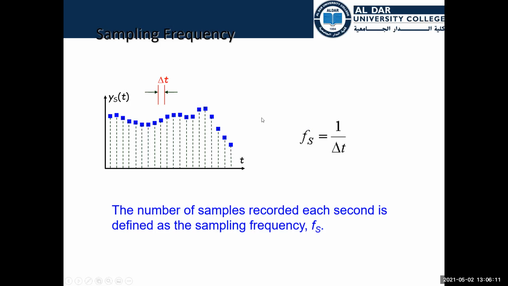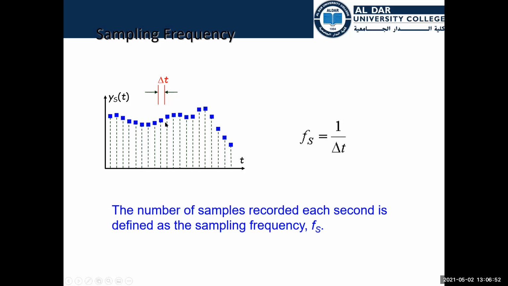We can also define another expression, which is the sampling frequency. The sampling frequency fs is defined as the reciprocal of delta t, so fs equals 1 over delta t. Here we have 1 second, and we cut this 1 second into multiple delta t. Delta t is the time between two samples.